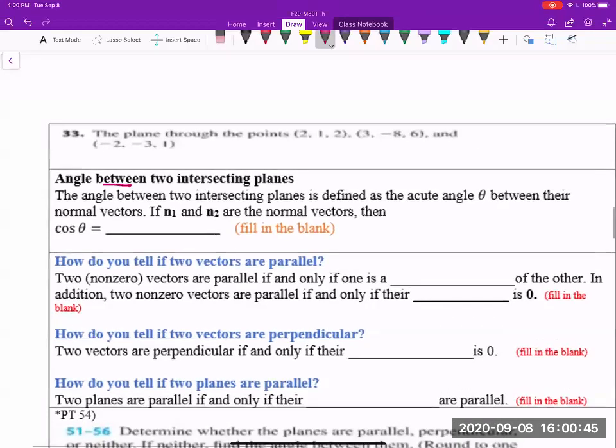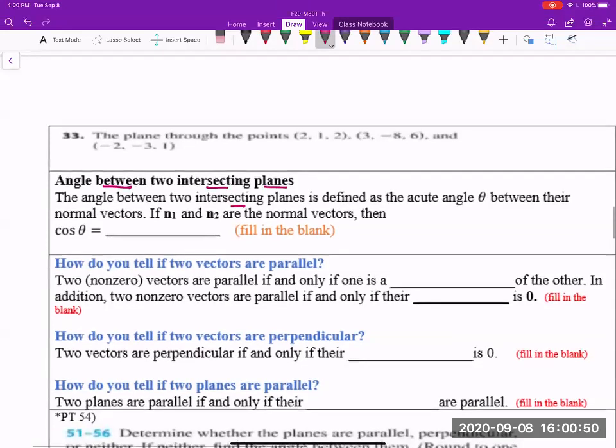Now we are finding the angle between two intersecting planes. The angle between two intersecting planes is defined as the acute angle theta between their normal vectors. The angle between the two planes is the angle between the two normal vectors to the planes. So if n1 is a normal vector to the first plane and n2 is a normal vector to the second plane, then cosine theta is given by vector n1 dot vector n2 divided by the length of vector n1 times the length of vector n2.